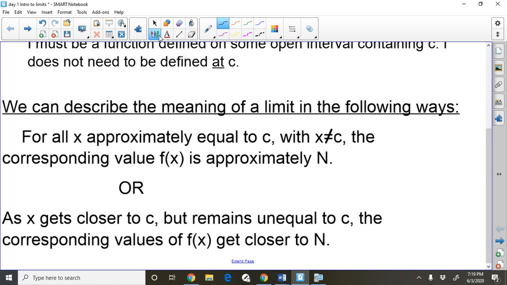So when we're saying when the x coordinates are really close to c, the y coordinates are really close to n. Or another way to say that is, as x gets closer to c, but remains unequal to c, the corresponding values of f of x get closer to n. So again, this f of x is the y coordinates. So we're talking about what's happening around a specific x.